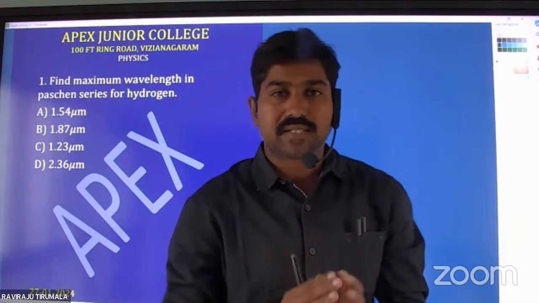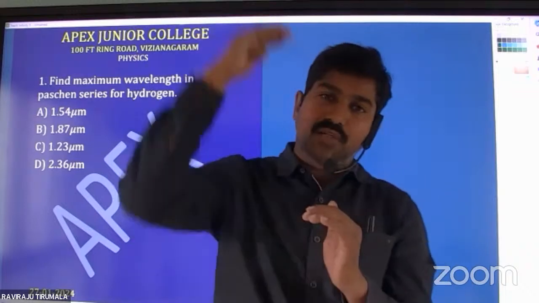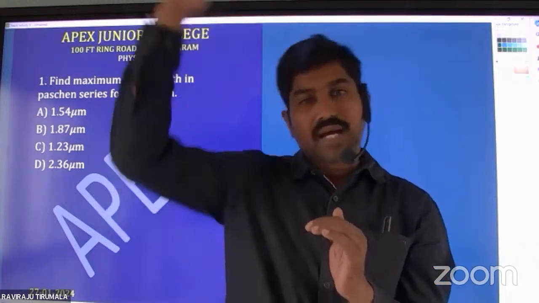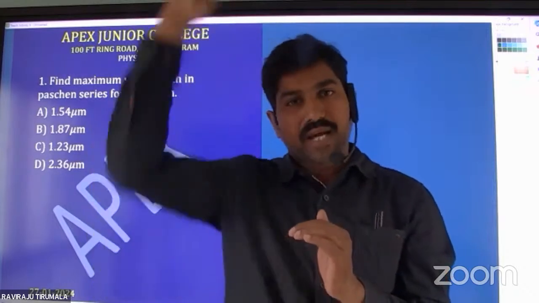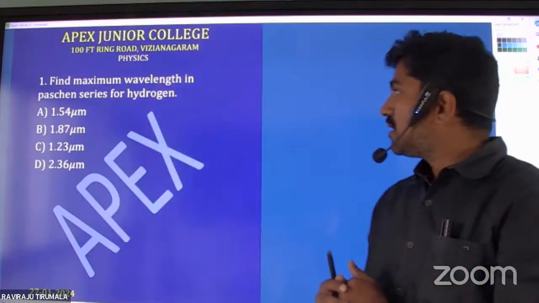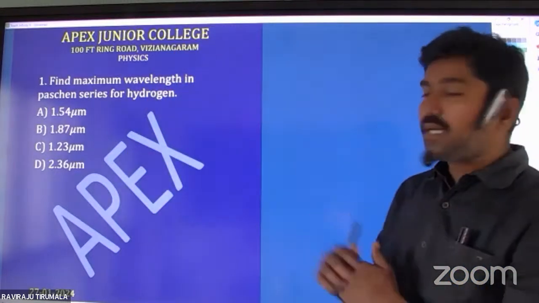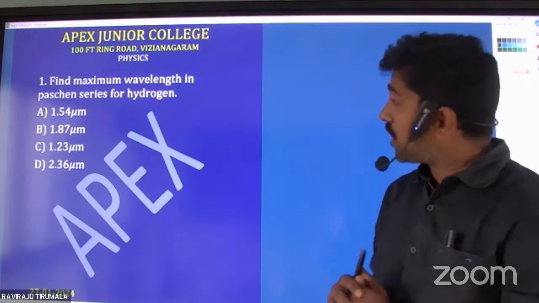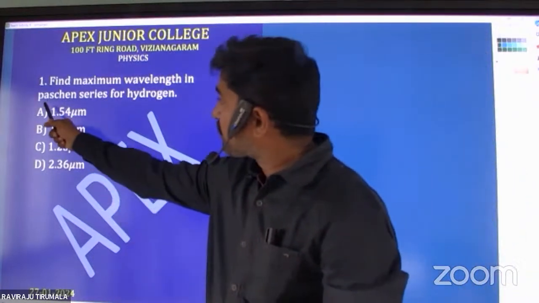The first series is the Lyman series. When they jump from higher to second, that is Balmer; higher to third, Paschen; higher to fourth, Brackett; higher to fifth, Pfund series. Like that, to analyze the spectral lines, we have divided them into 5 different types. And what type of series was given here?